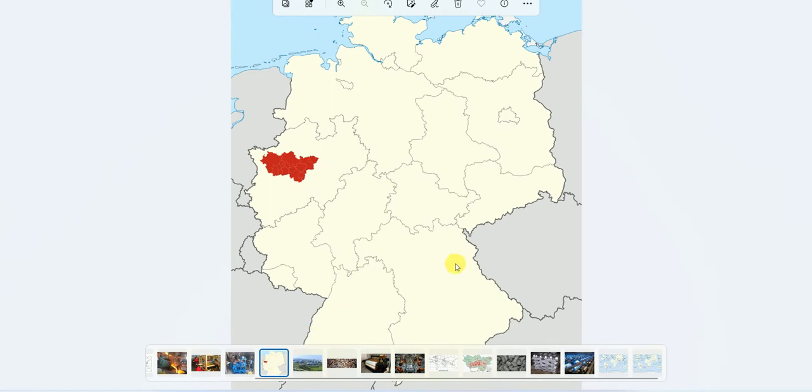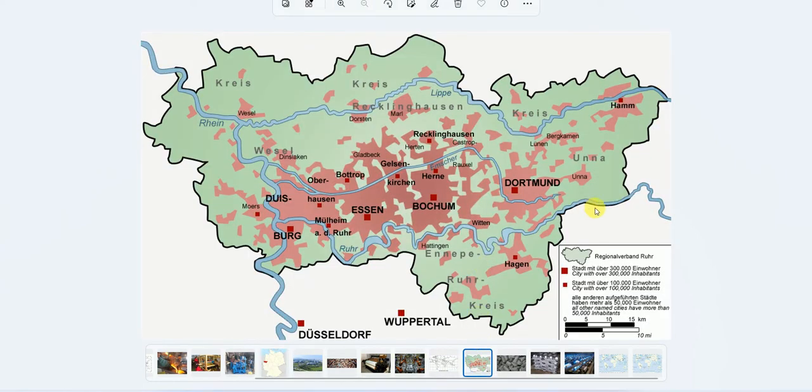So this is the location of the Ruhr region in the country Germany. See the red spot, that is the Ruhr region in Germany, and this is the map of the Ruhr region. Now let us read the text.